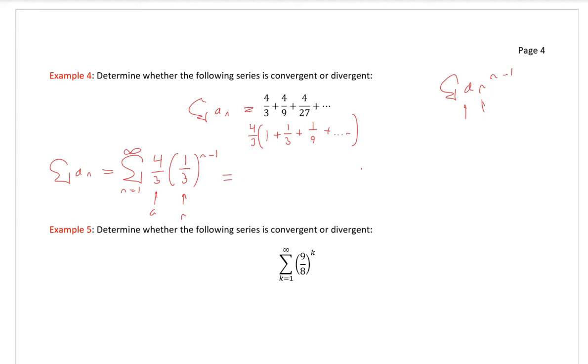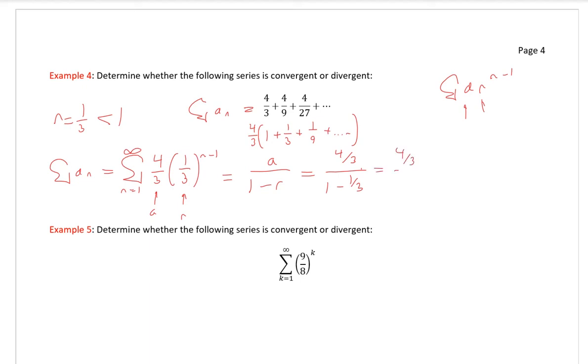Now that we have this written more like a normal geometric series, we should be able to evaluate it. Since we see that r equals 1/3 is less than 1, we know that this is convergent. What this converges to is a over 1 minus r, where a is 4/3 and r is 1/3.